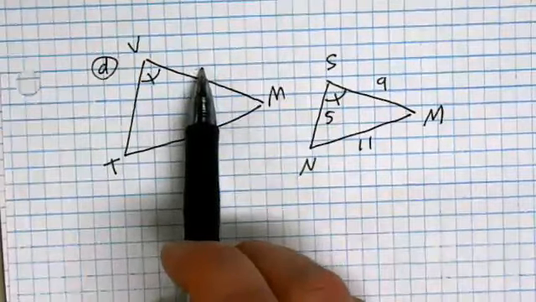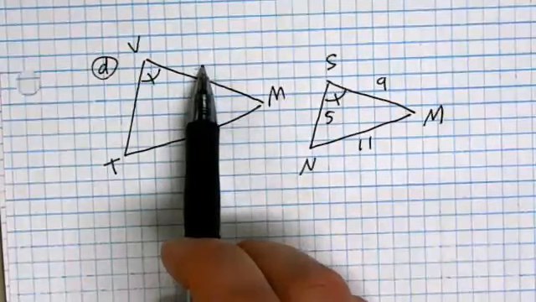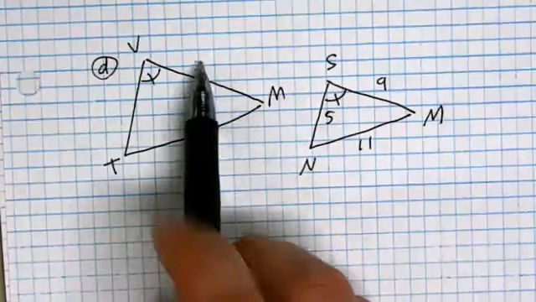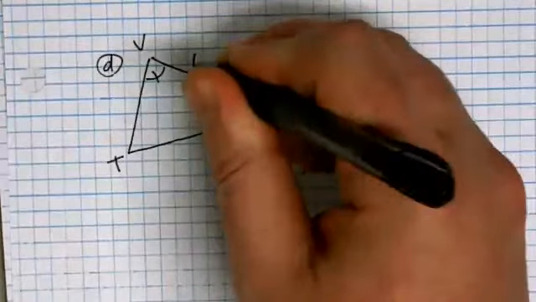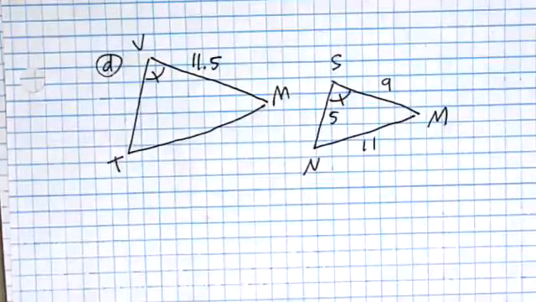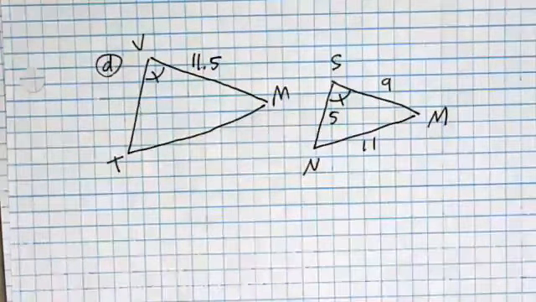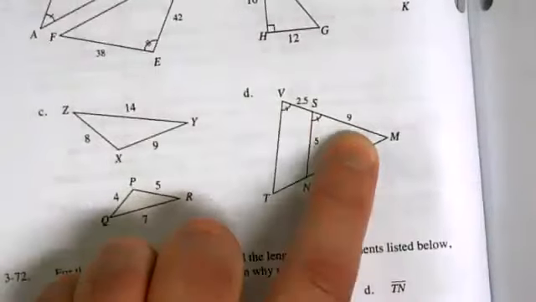What am I going to see there? 11.5. Can you please look at your book and make sure you understand why I put an 11.5? Do you guys see where we're getting that from? In the book, it's got a 9 and a 2.5, and we just added those together, right?